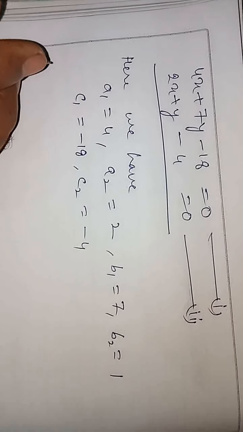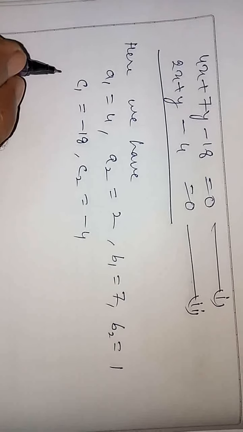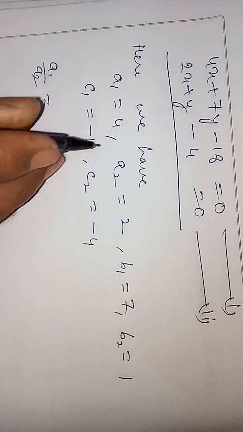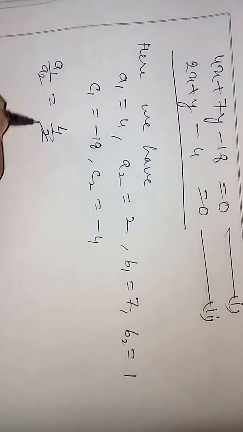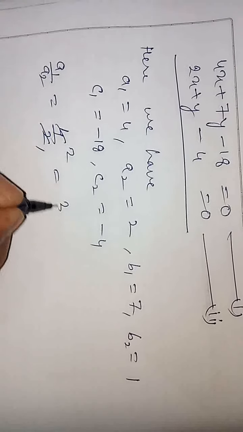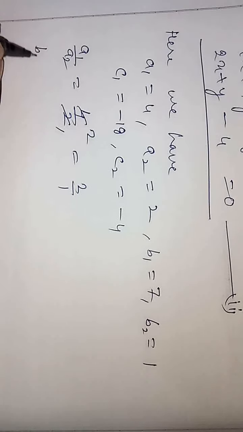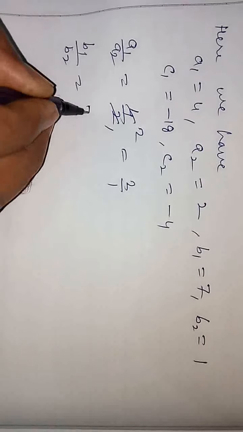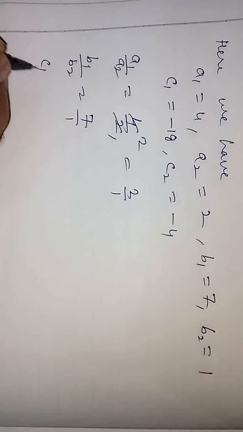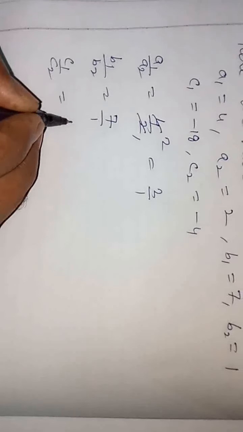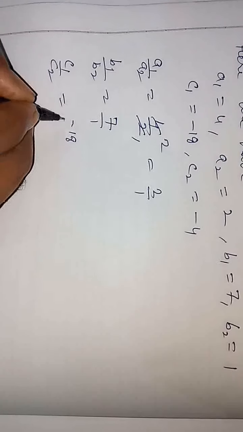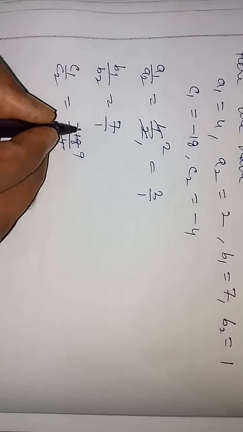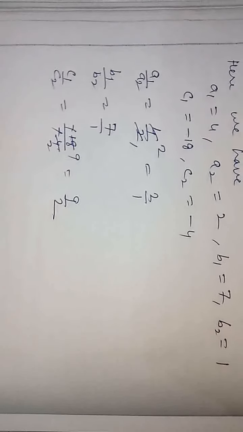Now we have to check what type of solution this equation has. So a1 upon a2 is equal to 4 upon 2, 2 ones are 2, 2 twos are 4, so we have 2 upon 1. b1 upon b2 is equal to 7 upon 1. c1 upon c2 is equal to minus 18 upon minus 4, 2 twos are 4, 2 nines are 18, minus minus cancel, 9 upon 2.